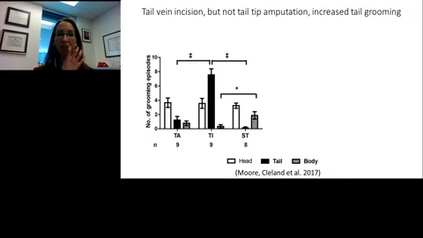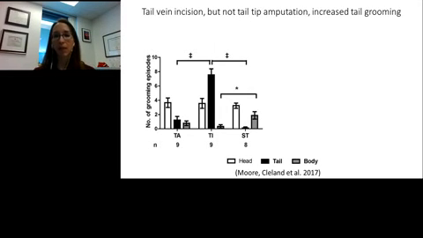I thought this was quite interesting. We did find actually that tail vein incision, but not tail tip amputation, increased tail grooming. So mice generally always groom their head and body more than their tail anyway. So we analyzed the tail group separately, and we looked at how many times they groomed their head, their body, or their tail. And mice that had the tail incision groomed their tail more, which may actually be because there's sort of a wicking effect of the drop of blood down the tail.